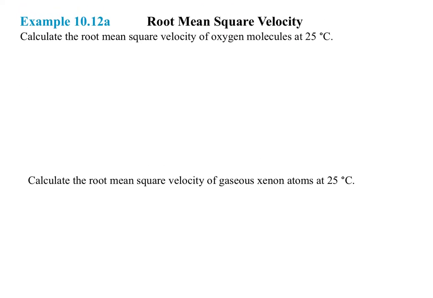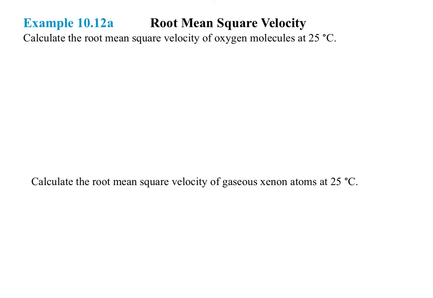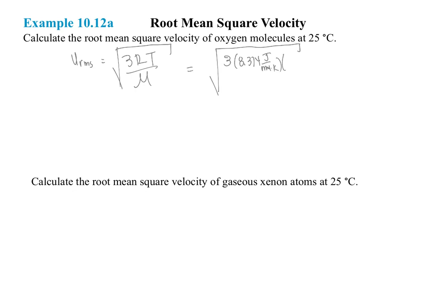Okay, so let's calculate the root mean squared velocity of oxygen molecules at 25 degrees Celsius. Remember, the root mean squared velocity is equal to the square root of 3RT over the molar mass. So that's going to be equal to the square root of 3 times 8.314 joules per mole Kelvin times the temperature, 298 Kelvin. Make sure temperature's in Kelvin. And then molar mass.